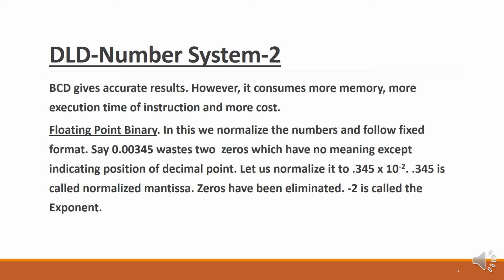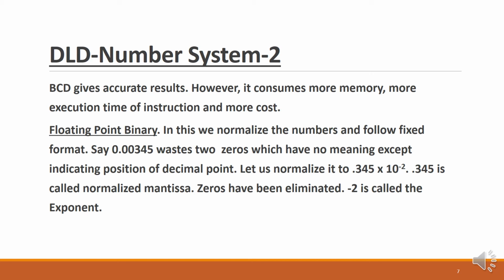Now let's take the example 0.00345. In this case, the 00 on the right hand side of the decimal are being wasted. They have no meaning except that they are indicating the position of the decimal point. So if we normalize it, we can write 0.345 into 10 raised to the power minus 2, where 0.345 is called the normalized mantissa.